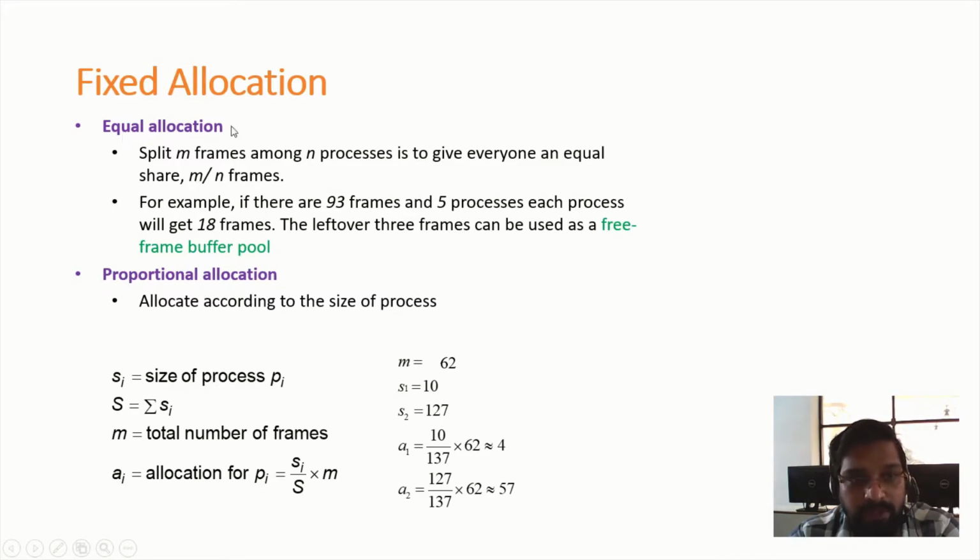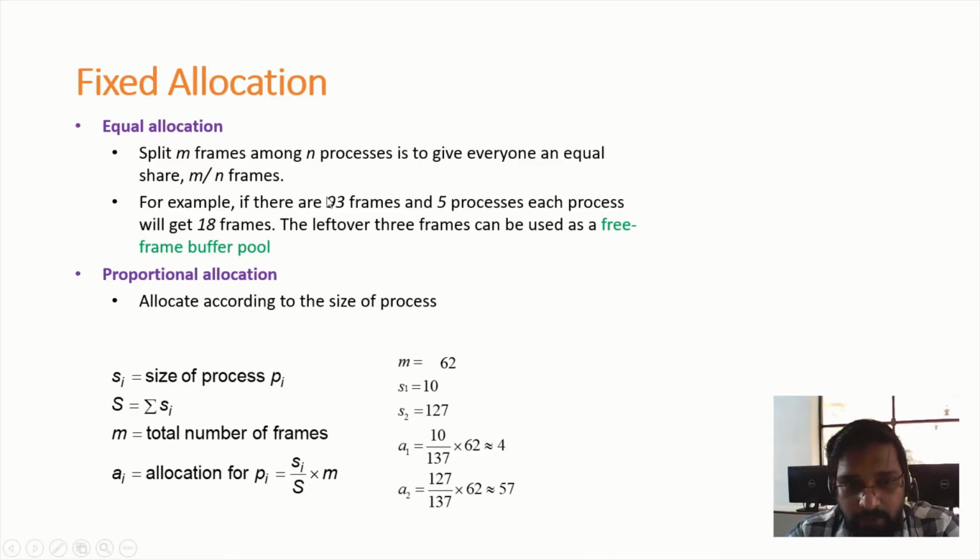In equal allocation, frames are distributed equally to all the processes. For example, let us assume we have 5 processes and in total we have 93 frames, and we need to distribute these 93 frames among these 5 processes. In order to achieve this, we divide 93 by 5, and we get 18 point something.